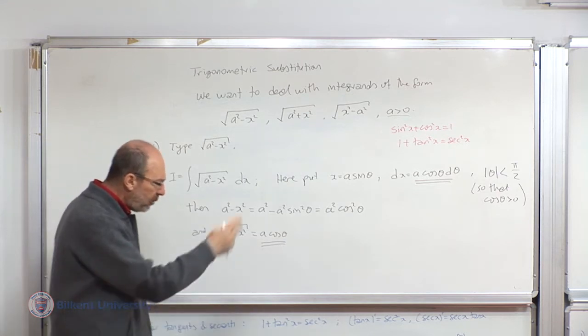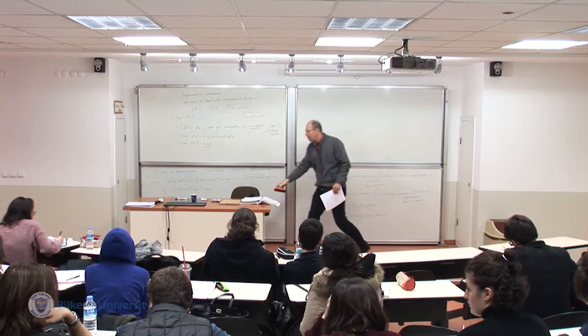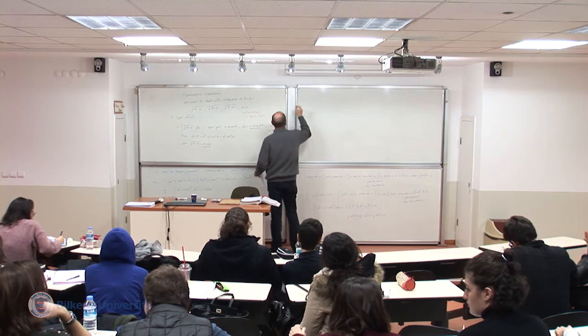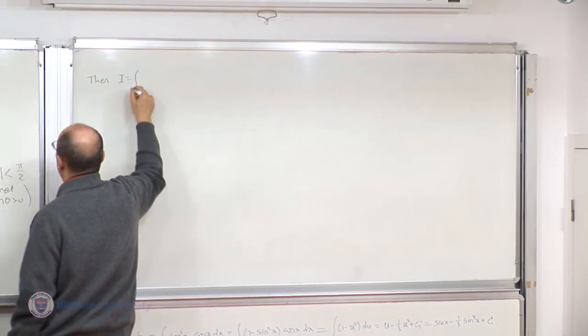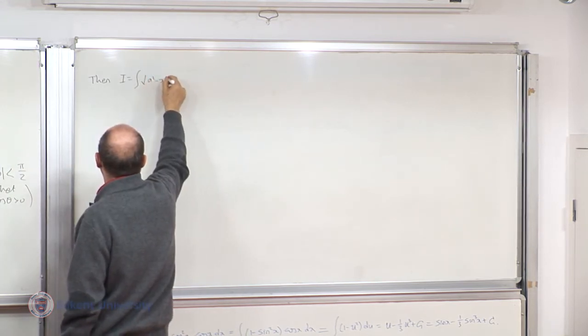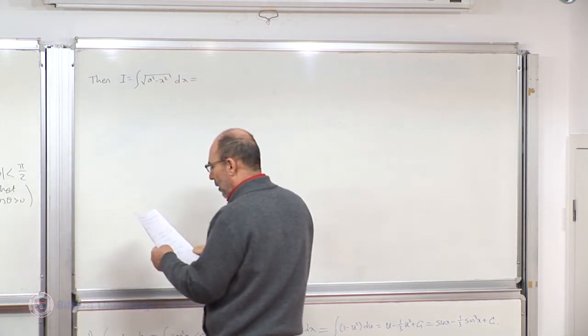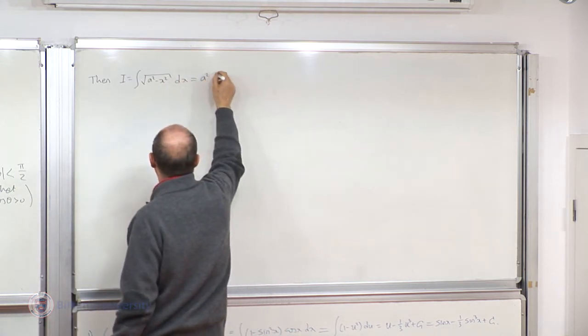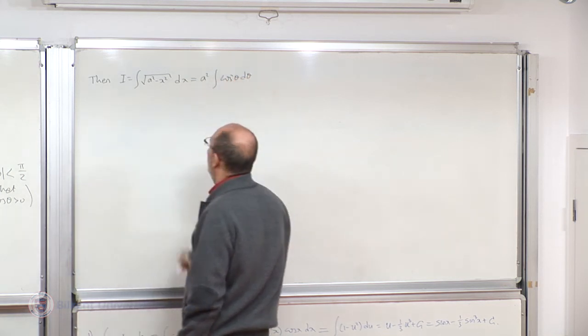Okay, so let me do over here. Okay, then I have I equals integral square root a square minus x square dx. It now becomes a square. I take a square out, integral cosine square theta d theta.